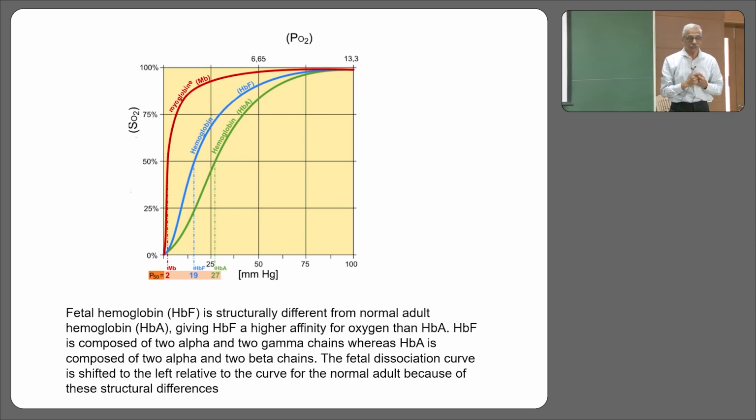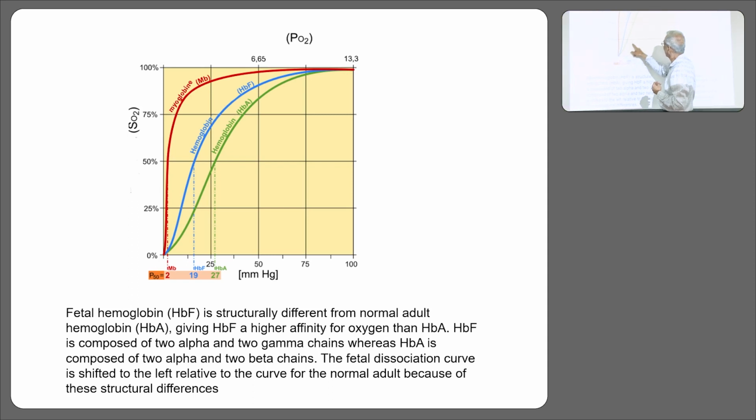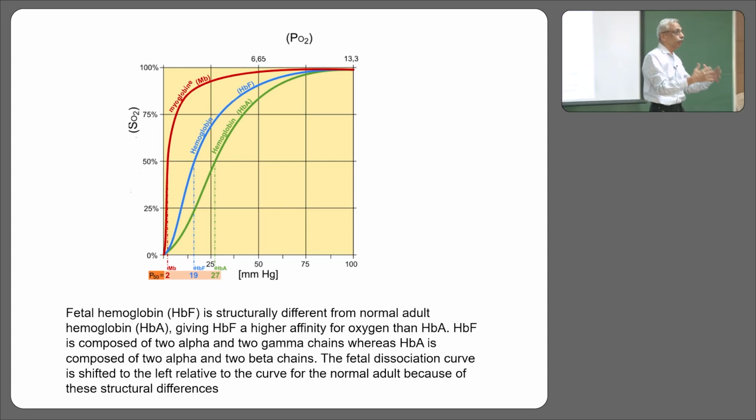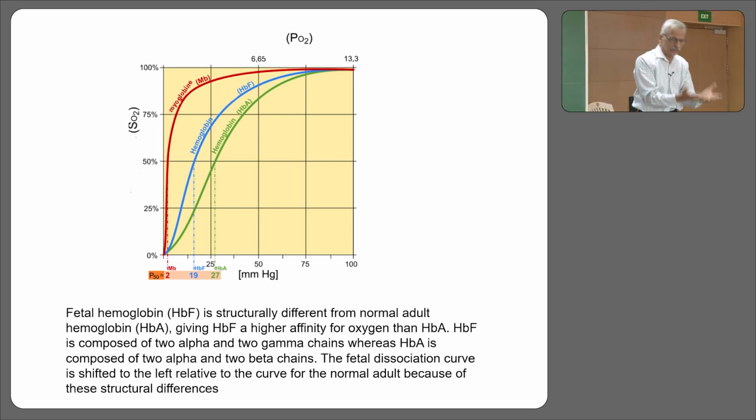As a result, can you clearly see that at the same partial pressure, the fetal hemoglobin has much more saturation, meaning it can combine far more oxygen? The affinity shown by the hemoglobin of the fetus is far more than the affinity of the mother.